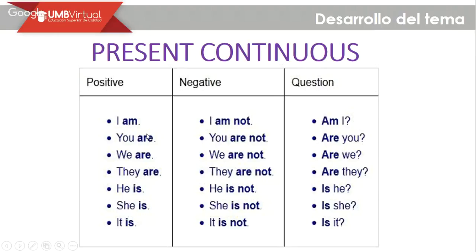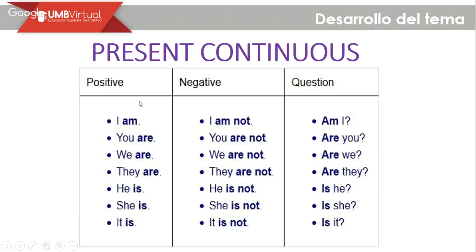So, I am. For the second person in singular and plural, you, we, and they, we are going to use are. And for third person, we are going to use is. So he is, she is, it is. Now, let's remember, I am, you are, we are, they are, he is, she is, it is.